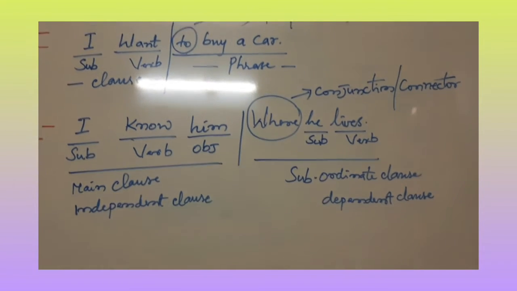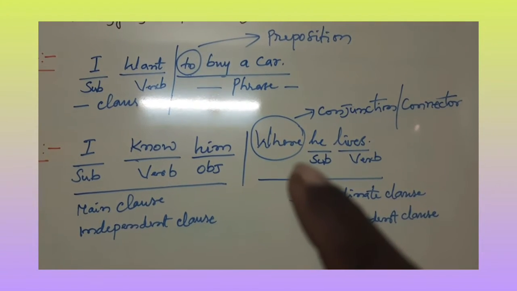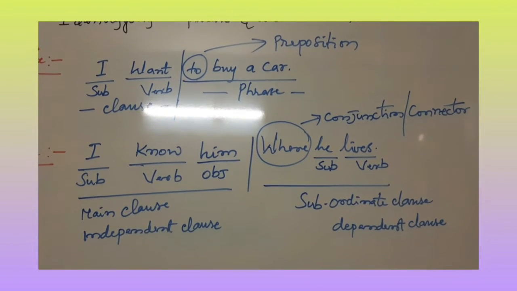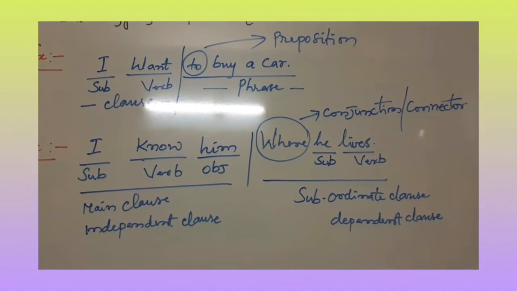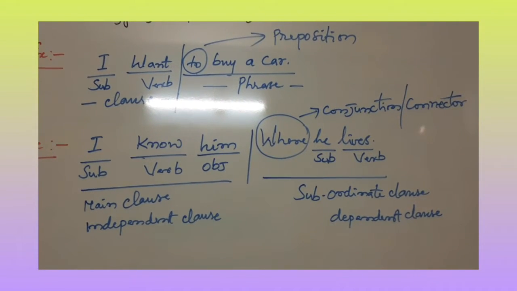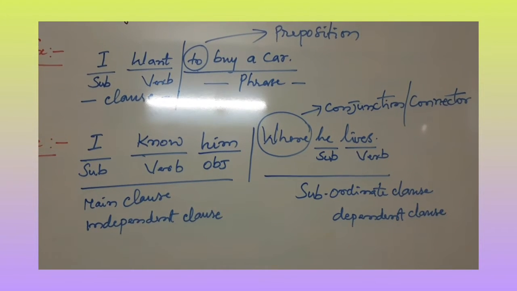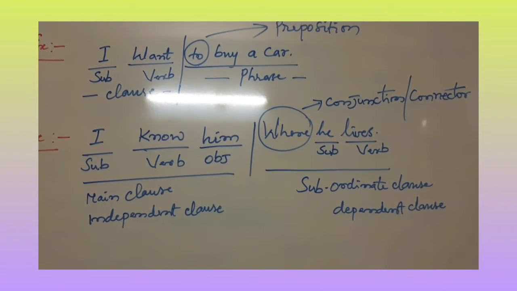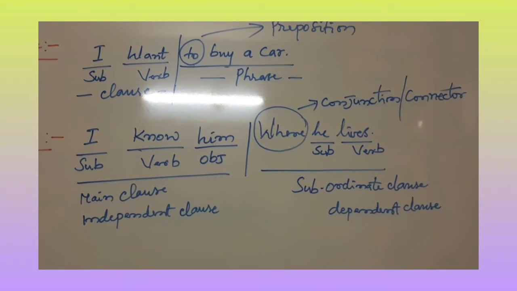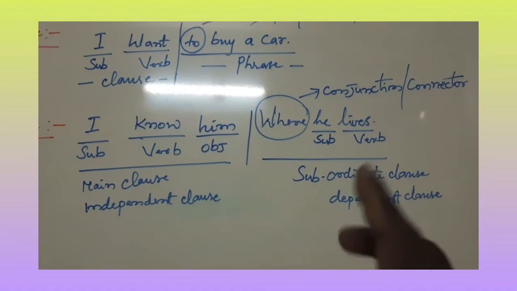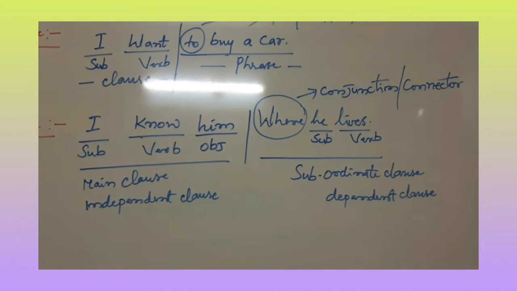So it is true that a subordinate clause always joins with a connector, begins with a connector. It is a subordinating conjunction. Conjunctions we use in a subordinate clause are subordinating conjunctions. So main clause and subordinate clause together we call a complex sentence.